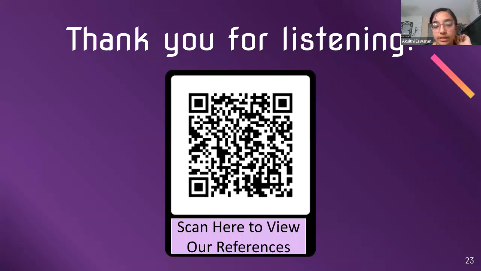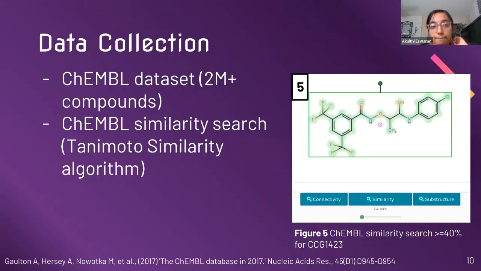So are you referring to the ChEMBL database? Okay, so for the ChEMBL database, first we used ChEMBL's similarity search because ChEMBL has over 2 million compounds. So to narrow that down, we used a similarity search, which also uses the Tanimoto similarity algorithm.